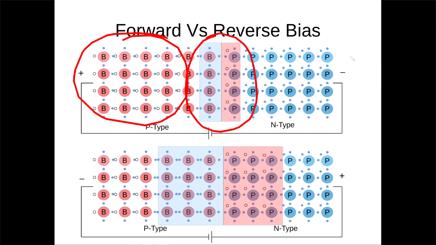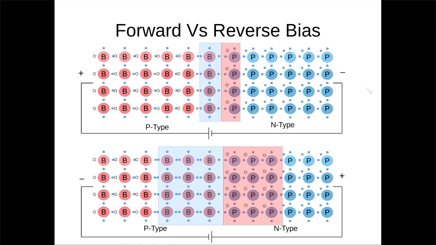And so what happens is we have what we call forward and reverse bias. In the top scenario up here, we have what we call a forward bias. Here's what I want to show you guys. On the left, we have the p-type material, and when we apply a voltage to this semiconductor, the p-type is more positively charged, at a higher voltage relative to the n-type, which is at a lower or negative voltage.